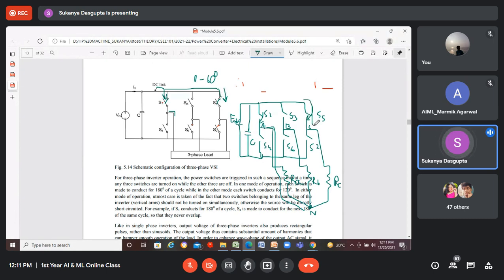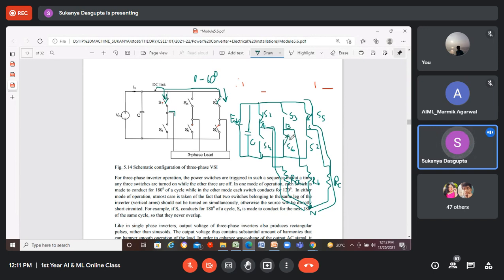So definitely current will flow to this resistance RC till neutral point. And these two positive currents through these two switches which are under positive supply will be returned back to the negative supply only via S6.